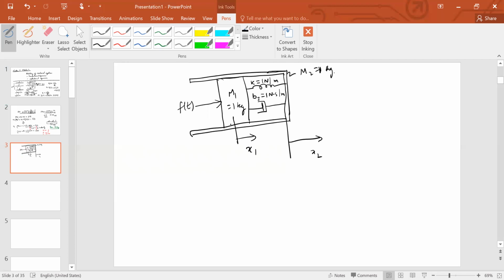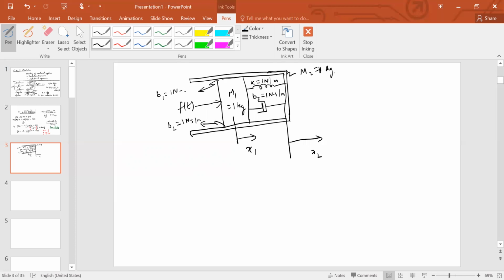Also, apart from this dashpot, there is a coefficient of friction here, which behaves in much the same way as the dashpot does. So this B2 also has a magnitude of 1 Newton second per meter. There's a B here, and also there's a B here, which we call B1, that is also 1 Newton second per meter.